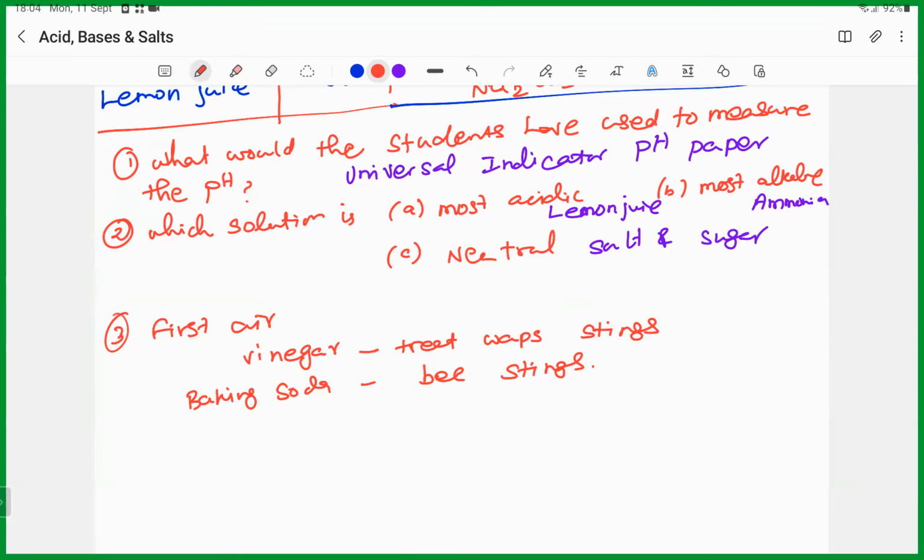Instead of baking soda, what can we use at home? Soap. Why are we treating with vinegar?